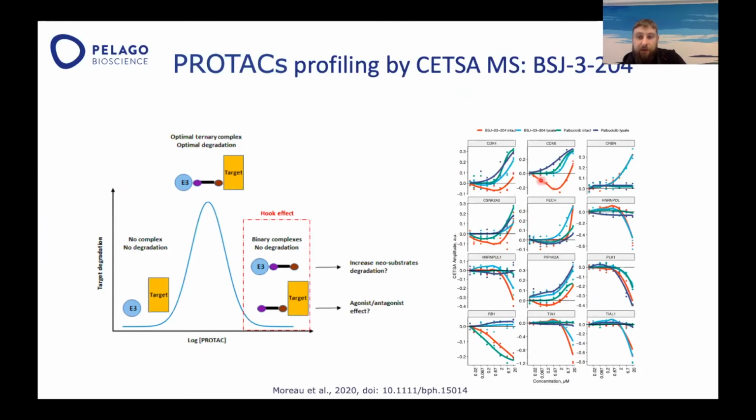When the concentration of the PROTAC molecule increases to some level, then it prevents the formation of ternary complexes and prevents the degradation. So what we see is the protein level first goes down and then goes up, showing the stabilization of the CDK. And this hook effect we see for both CDK6 and CDK4, but we can also see it for the off-target kinase, casein kinase 1 alpha.